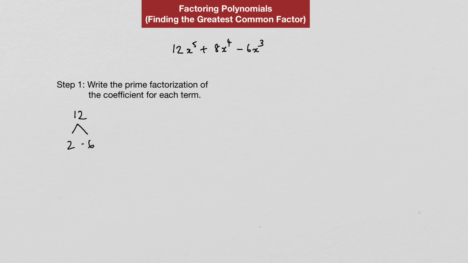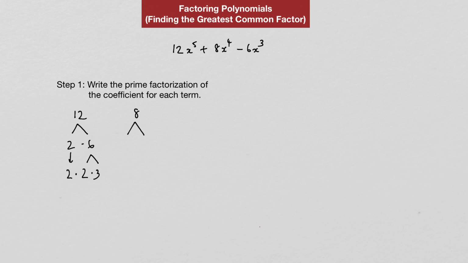However, 6 is not a prime number, and that can actually be factored further down to 2 times 3. So if we bring this 2 down, we see that the prime factorization for 12 is 2 times 2 times 3.